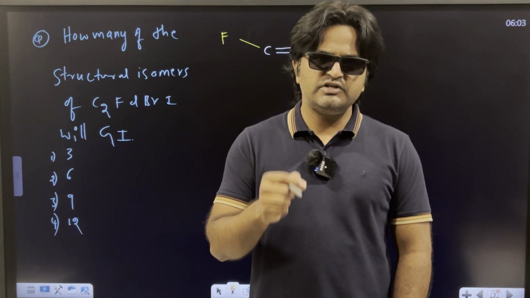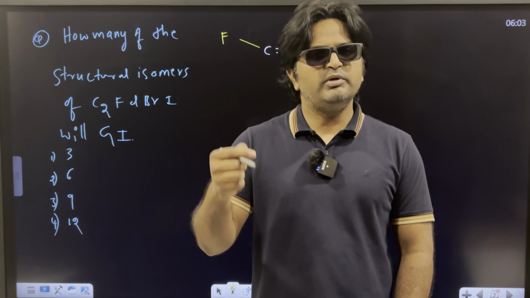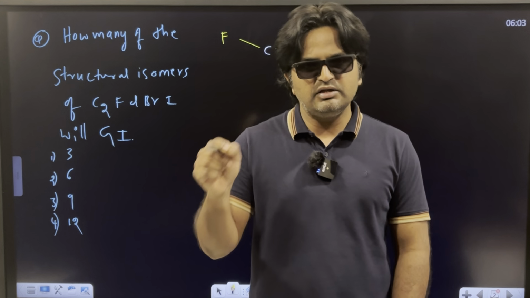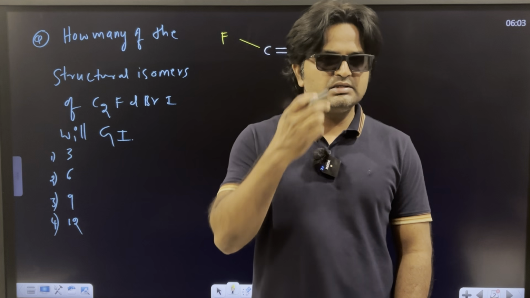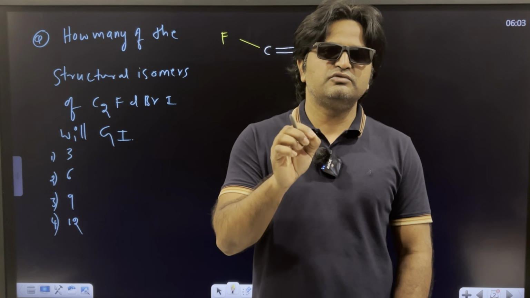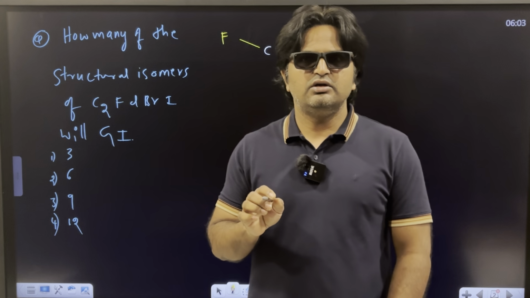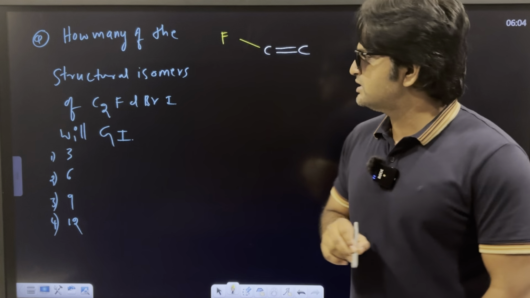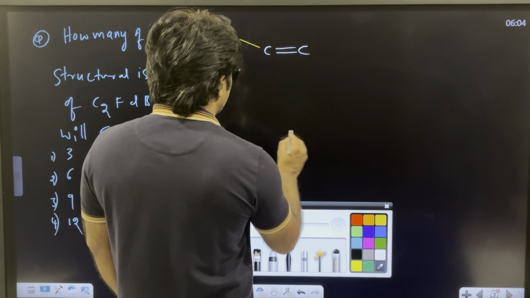Sir, which halogen do we select? According to your wish, you can select fluorine, bromine, chlorine or iodine. Among the four halogen atoms, any one halogen atom you can select, but you fix that halogen atom at a fixed position. Here I am taking fluorine. And what are the remaining halogens? Three halogens are there. Now in the first structure, I am taking fluorine here.